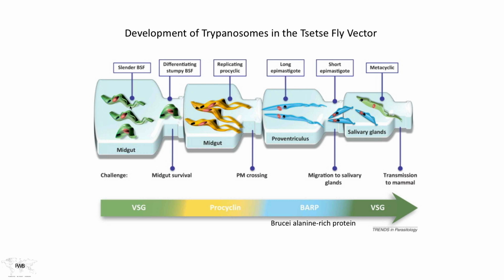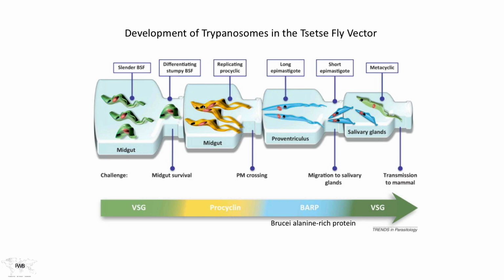And the long, slender forms, the bloodstream form, the BSF forms, are digested by the fly's secretions in the stomach. But one stage survives. This short, stumpy form actually survives that process and begins its differentiation in the midgut of the fly to these procyclic trypanosome stages.